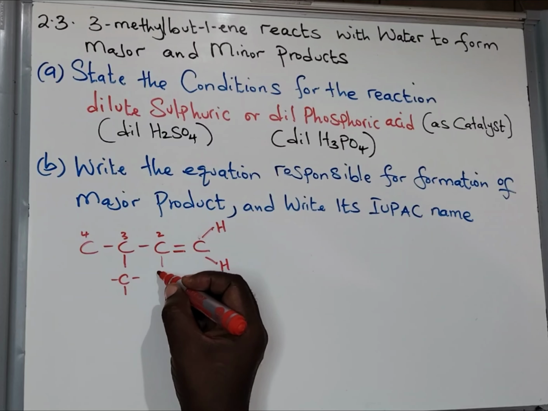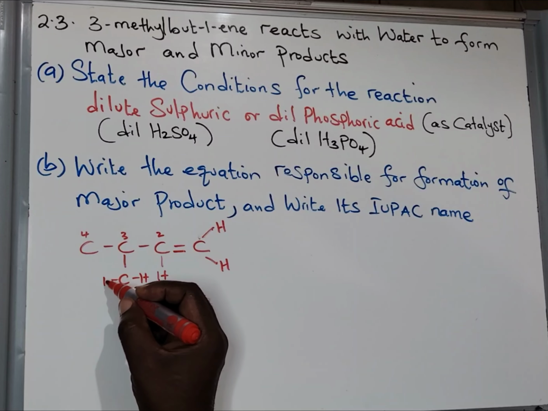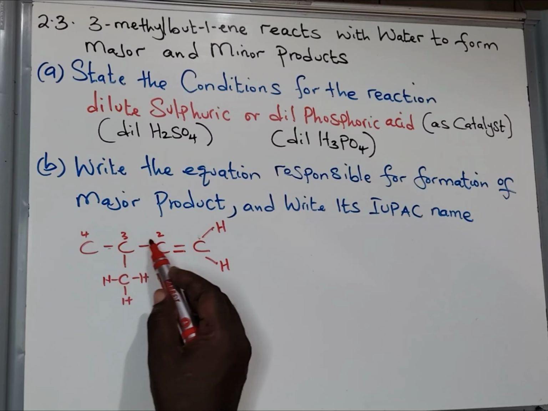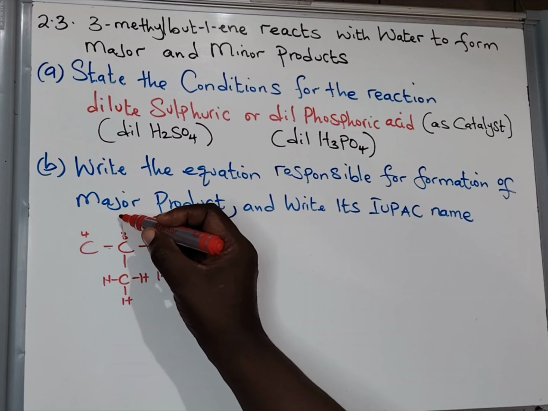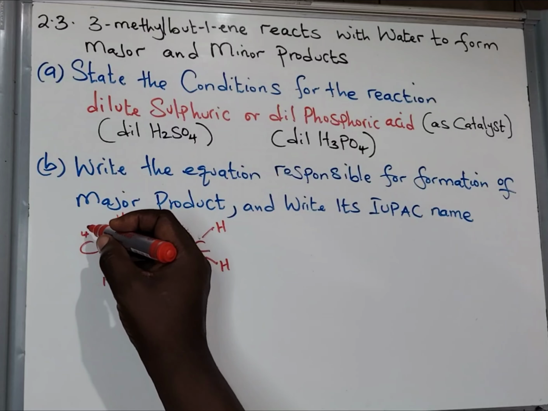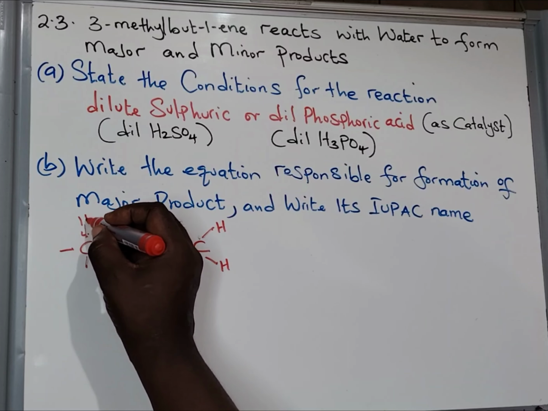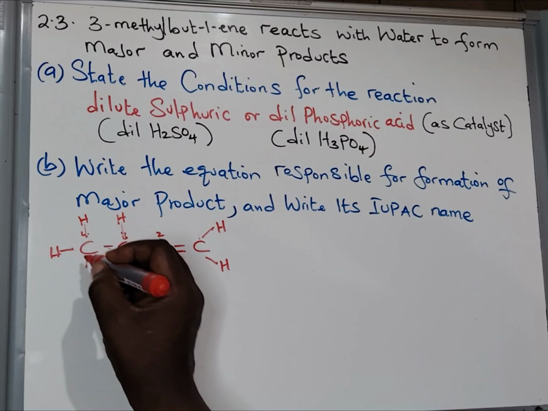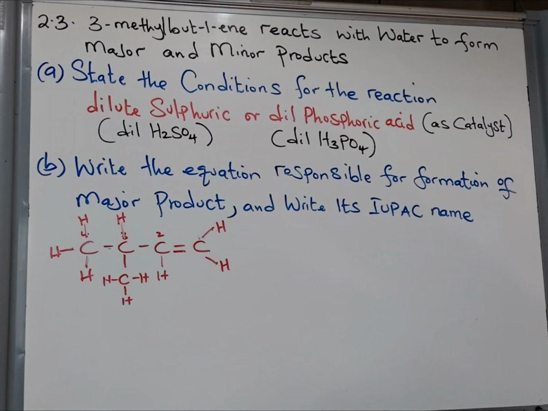It's missing 1. Okay, this one has 1, 2, 3, it's missing how many? 1. This one has 1, it's missing how many? 3. So that is the structure we have.